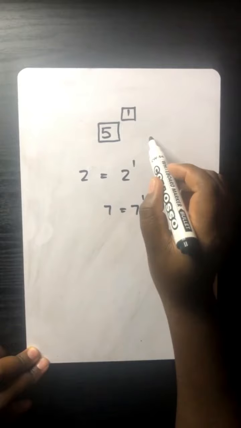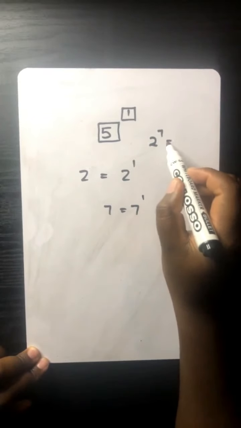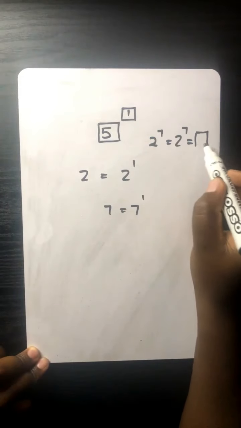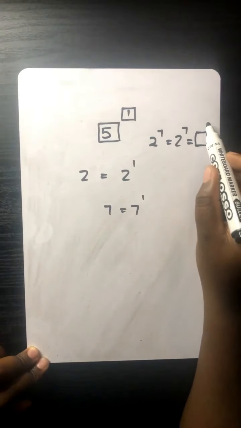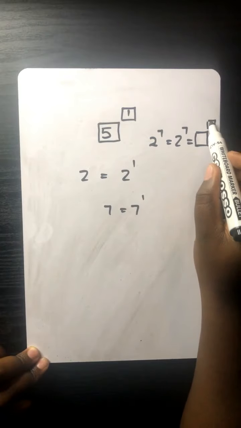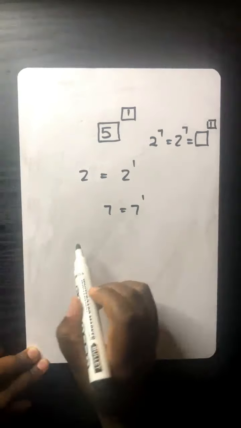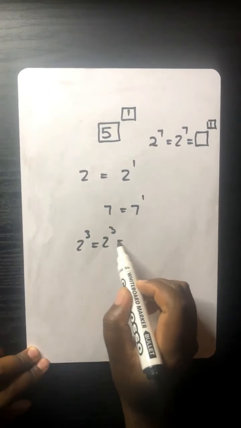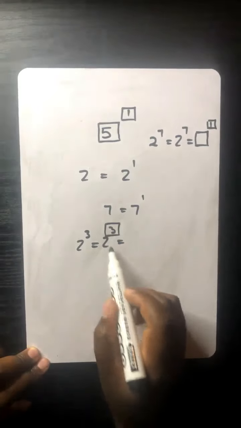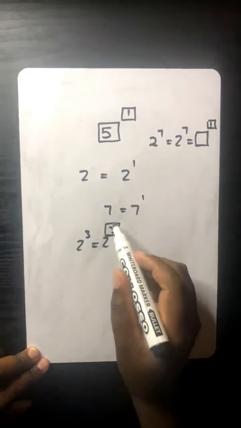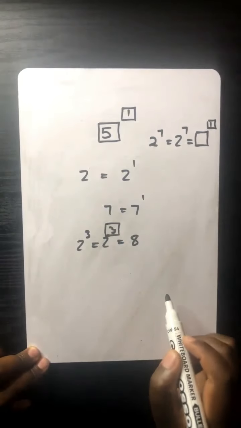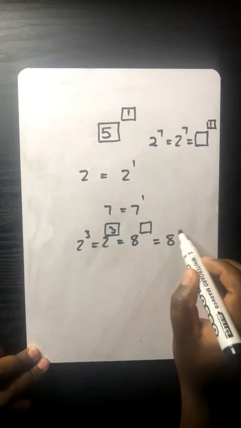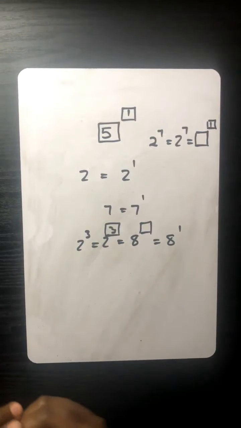Only if you've got 2 to the exponent 3, meaning the exponent of that base is 3. But when you punch the whole of this on a calculator, it equals 8. But now, what is the exponent of that 8? It's the same as 8 to the exponent 1.